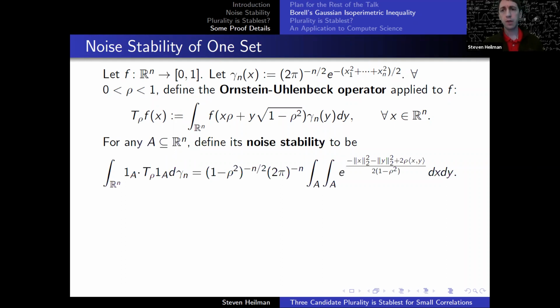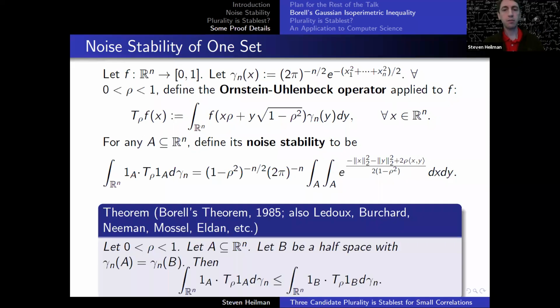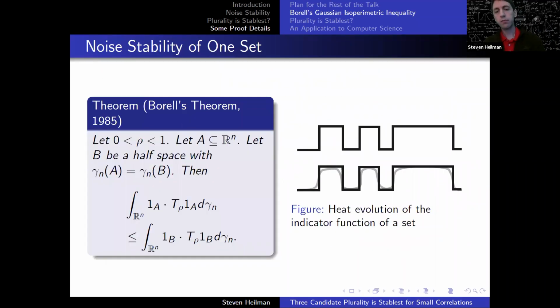And then for any subset A of Euclidean space, I'll define its noise stability like this. I'm integrating indicator A times T rho indicator A. T rho indicator A is like running, I'll draw a picture, in the right figure I have indicator A, and then the slightly lighter gray line is like evolving indicator A with a heat flow for a little bit of time. So you start out with indicator A, and then it smooths it out.